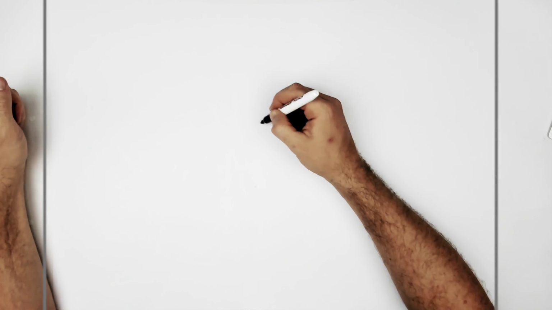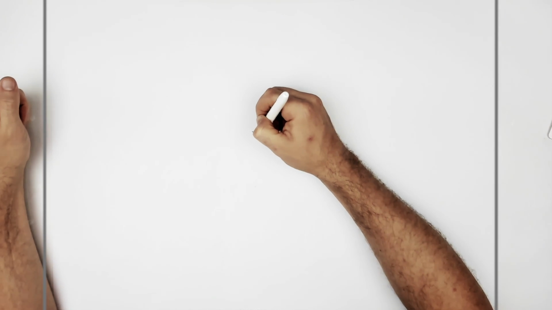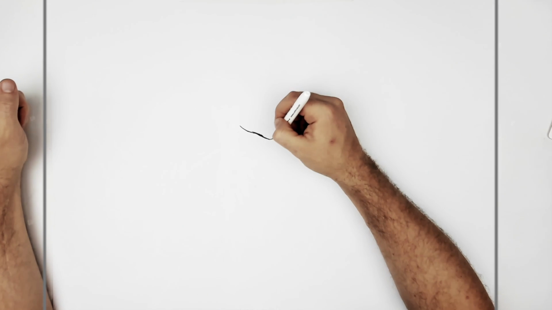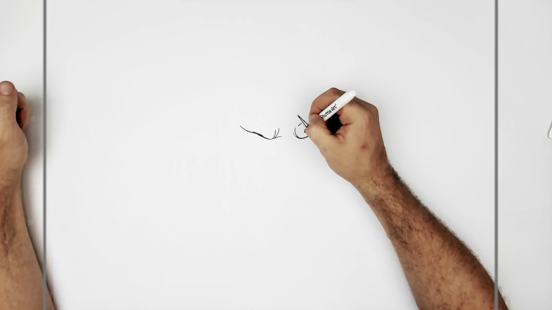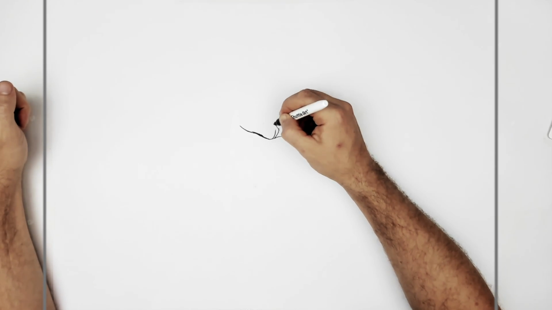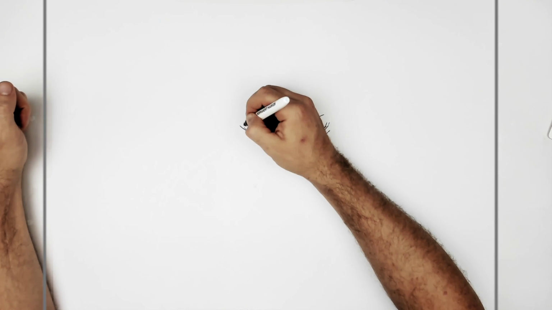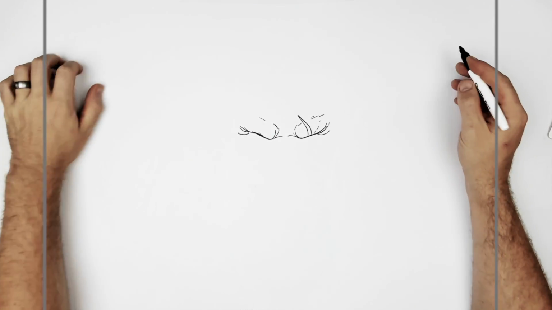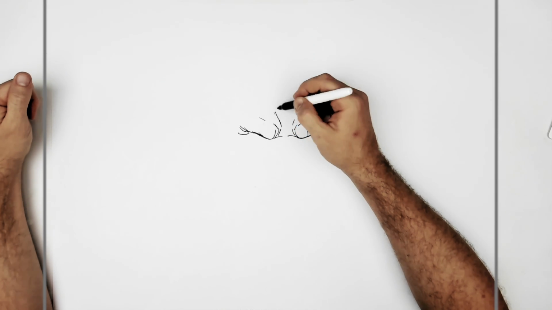Do same maybe over here. Right, so it's like his brow sort of area. A grumpy dude.